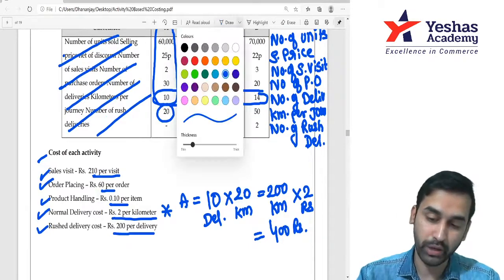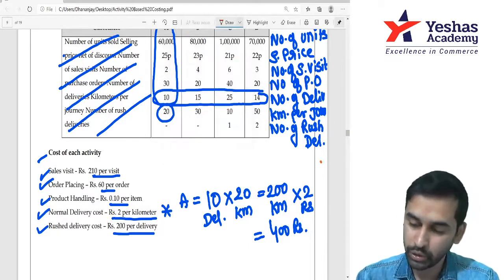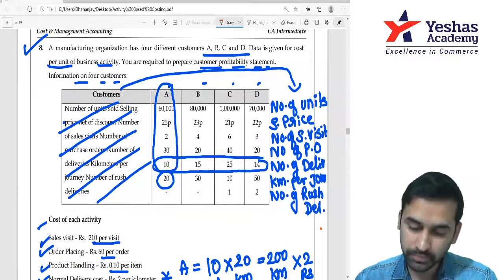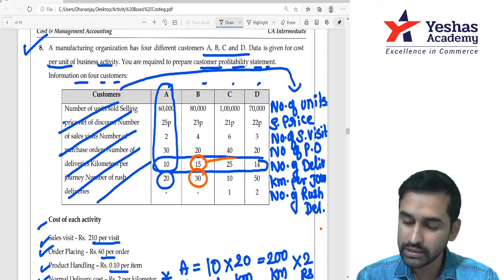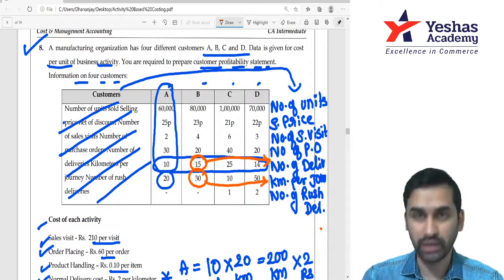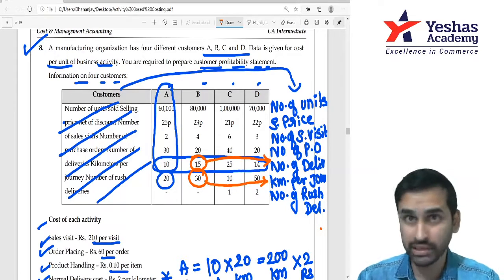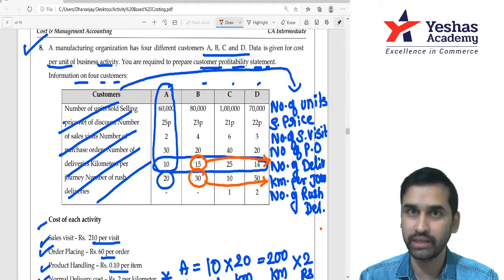I will do it for product B, customer B. Those who could not understand, follow now. You have to do 15 deliveries, correct? And distance, that is kilometer that you're going to travel. Journey means going and coming. It's not one way. Going and coming together is 30 kilometers.